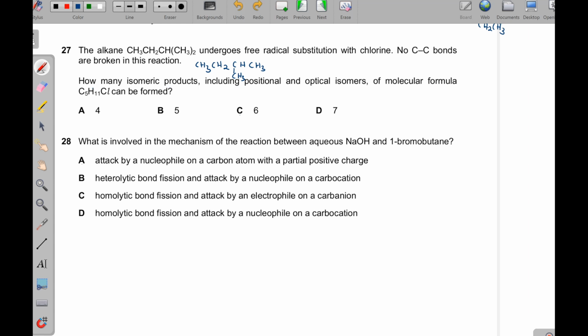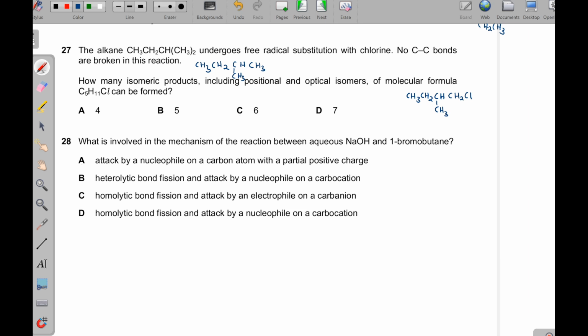formed. Now let us begin by replacing a hydrogen here with a chlorine. So you will have CH3, CH2, then CH, then there is CH2Cl, and then there will be here a CH3, okay.